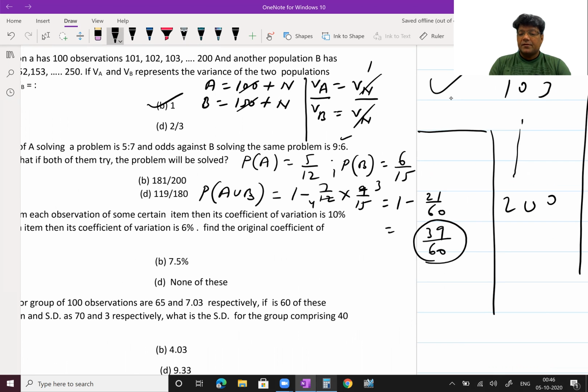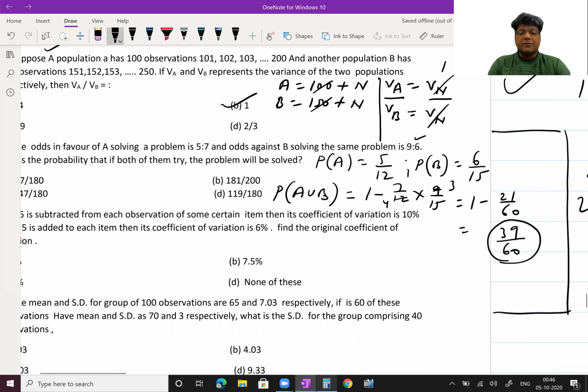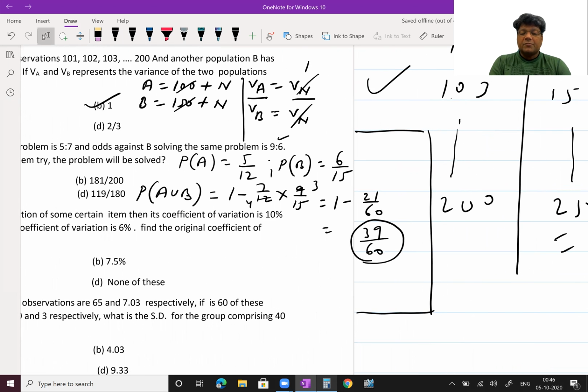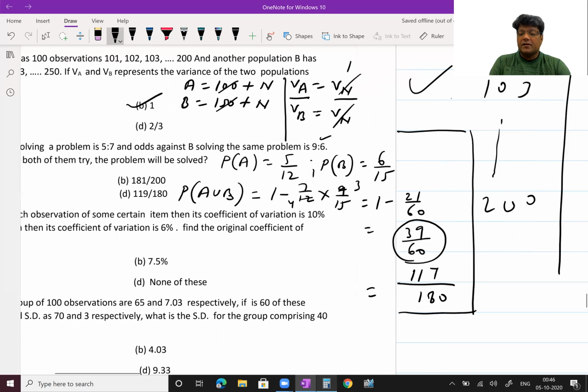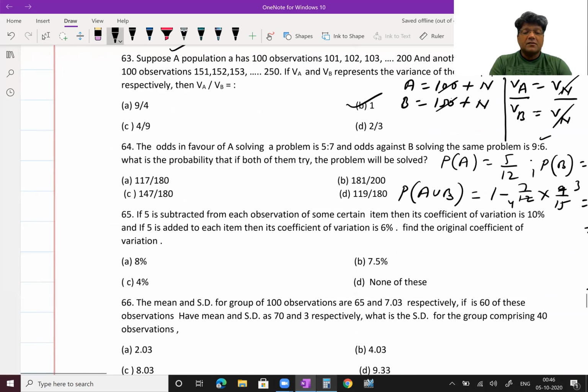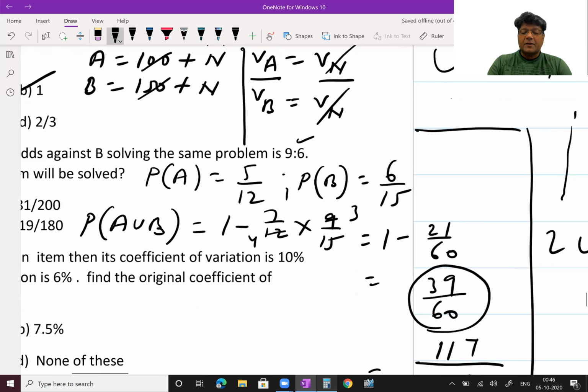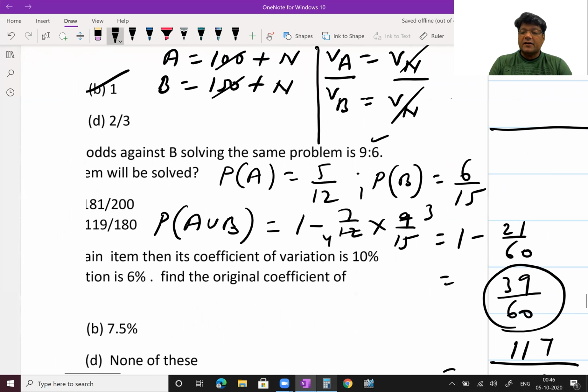But in your options, everywhere it is looking like 180. So actually they have not cancelled. 15 into 12 directly written 180. So if the denominator is 180, that means 60 into 3, that is 180, then your numerator will be 107 by 180. The answer is A. Guys, what has happened here? They have not done the cancellation, directly written.